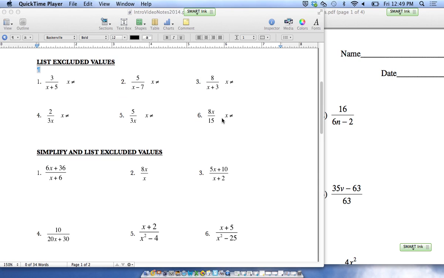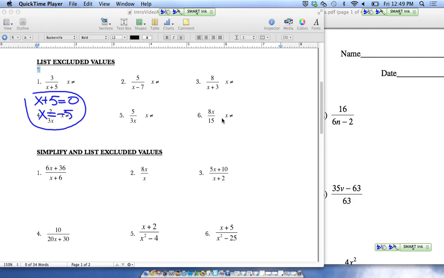So the first few problems for learning are set up with variables in the denominator. So problem number 1, the denominator is x plus 5. The way I identify the excluded value, I take the denominator, I set it equal to 0, and I see that x equals negative 5.